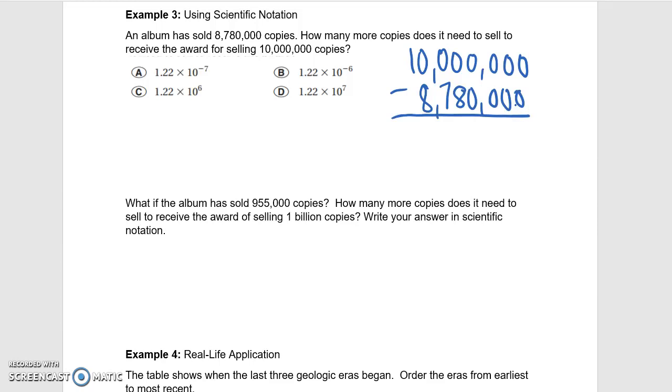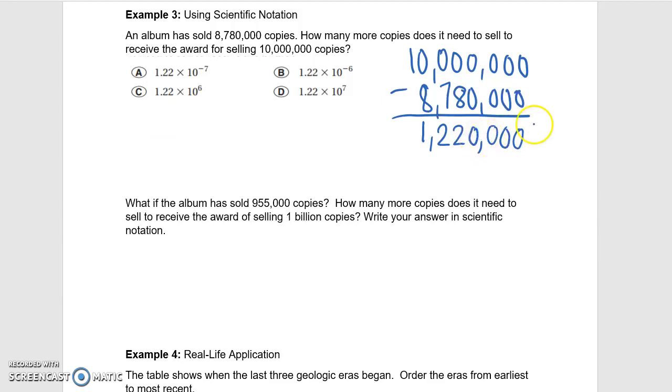And when we do that subtraction, we end up with 1,220,000. So that's the number we're going to write in scientific notation.